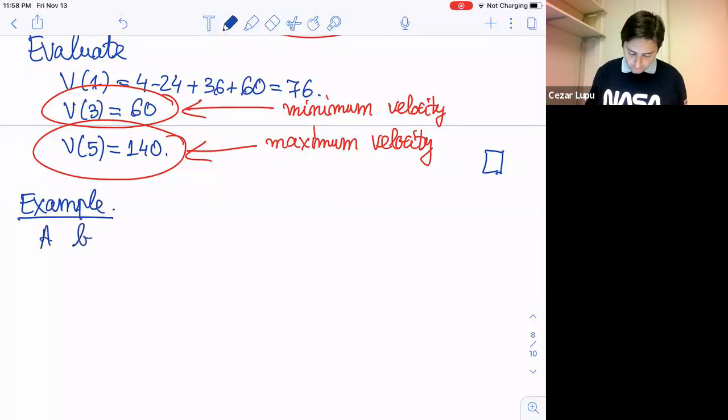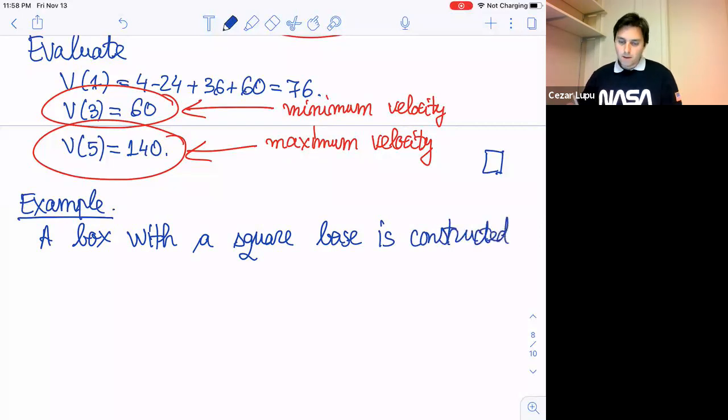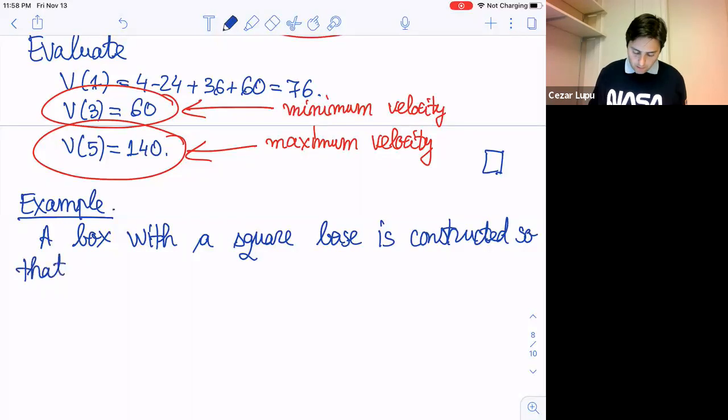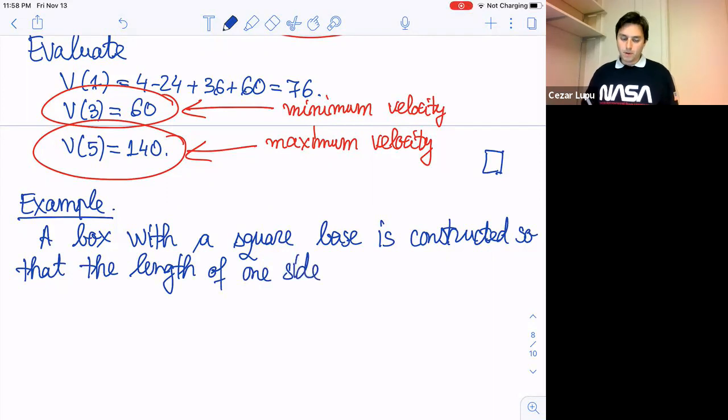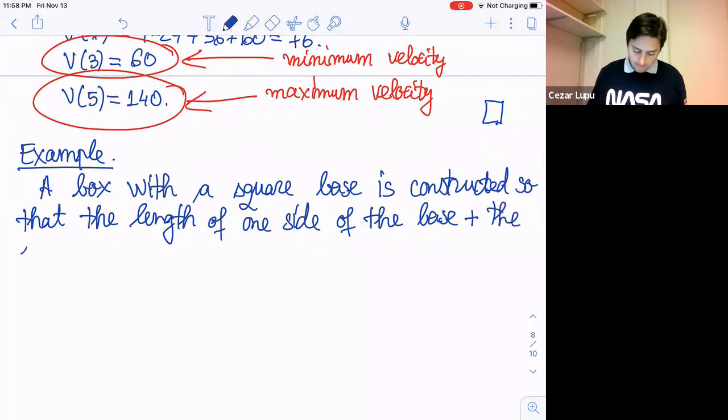A box with a square base is constructed so that the length of one side of the base plus the height is 10 inches.